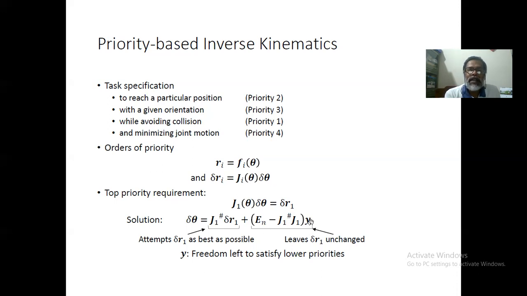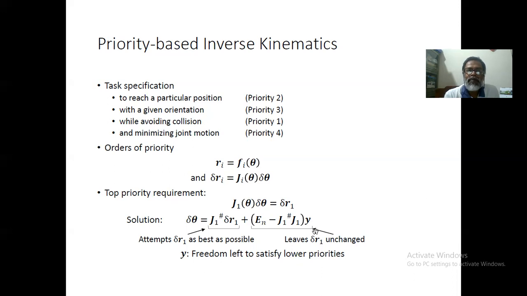Any Y, when multiplied with this matrix, gives you a delta theta which is in the redundant space. That means this component attempts delta R1 as best as possible, and this component of delta theta leaves delta R1 unchanged because it belongs to the redundant space.